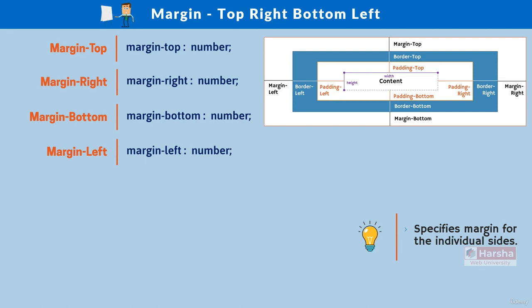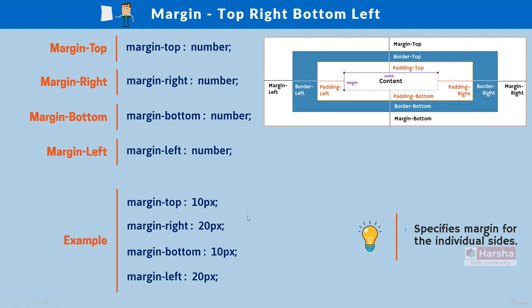For example, you can specify the margin as 10 pixels, that is applied commonly for all the sides. So top margin is 10 pixels, right margin is 10 pixels, bottom margin is 10 pixels, and left margin is 10 pixels as you have applied. And you can override the bottom margin by specifying the margin bottom as 20 pixels.